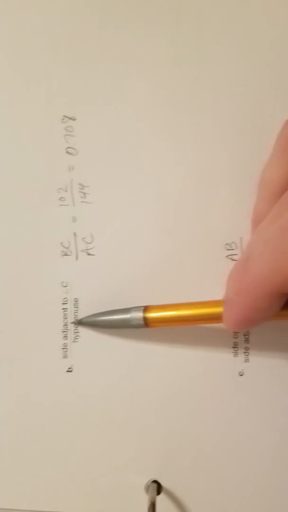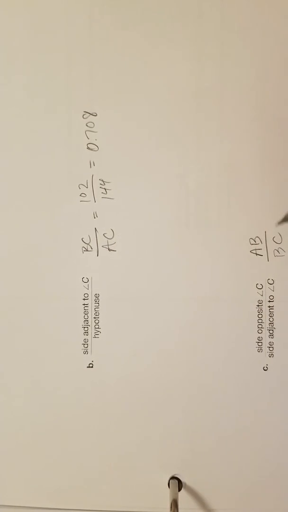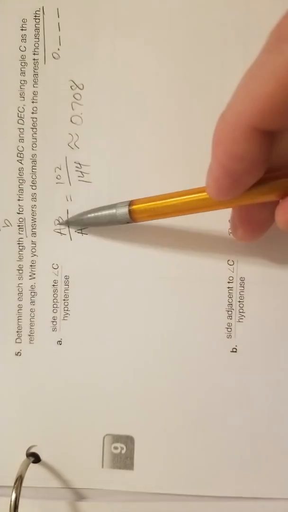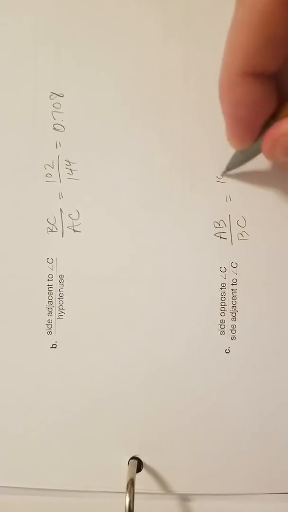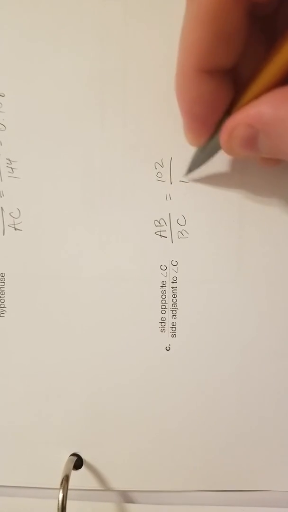And I know from up here, the side adjacent was BC. So I know from up here that AB was 102, so I'm going to put 102. And I know that BC here was also 102, so I'm going to put 102 here.